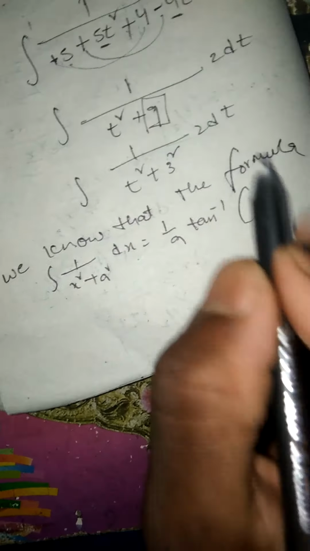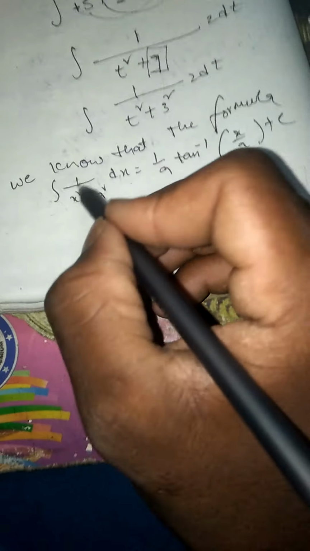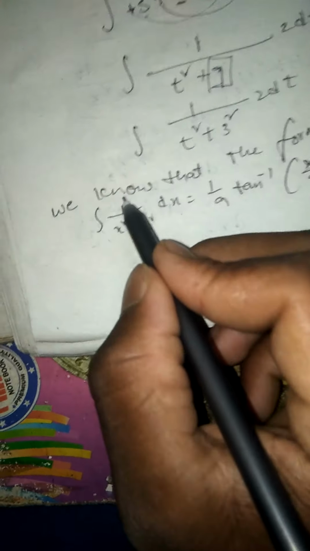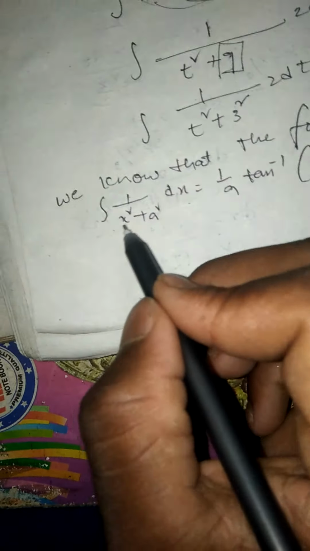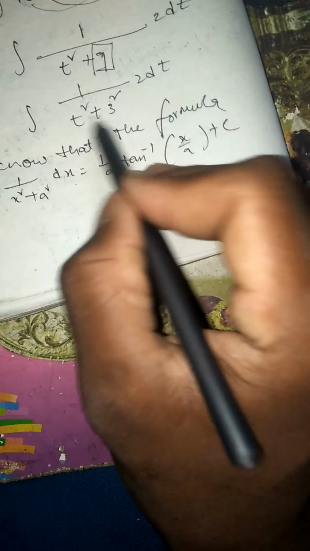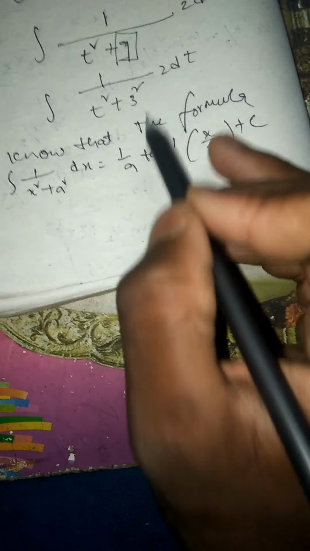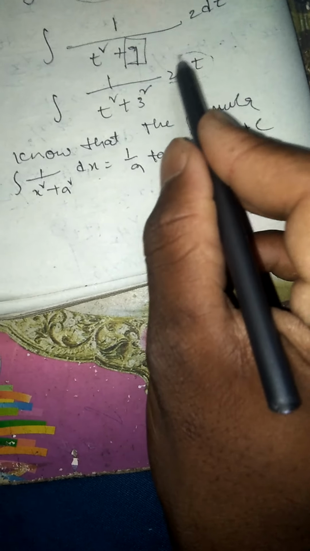This is the important formula. This is also another, the fourth important formula for this chapter, for this type of sum problem. This is in the form of 1 by x square plus a square dx.